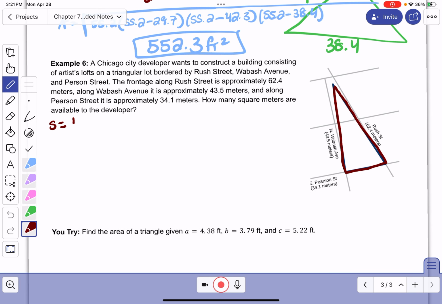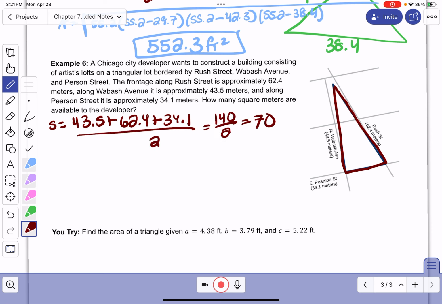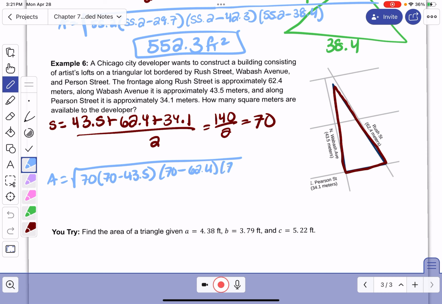First we find S. So 43.5 plus 62.4 plus 34.1 divided by 2 gives us 140 over 2, or 70. Then we find the area. So we do 70 and then 70 minus each of those sides. And when you type that in the calculator, you get 711.4 meters squared.